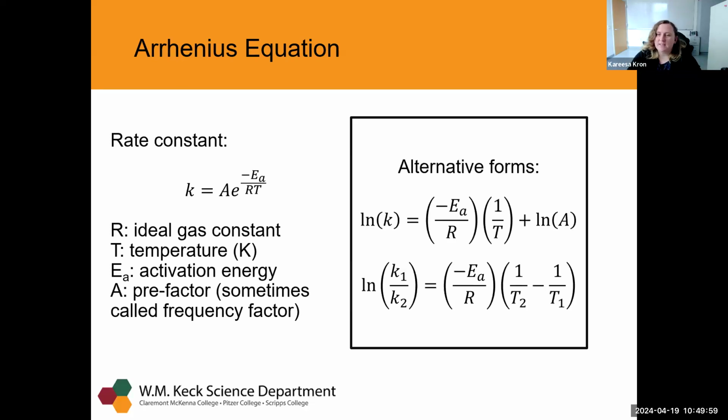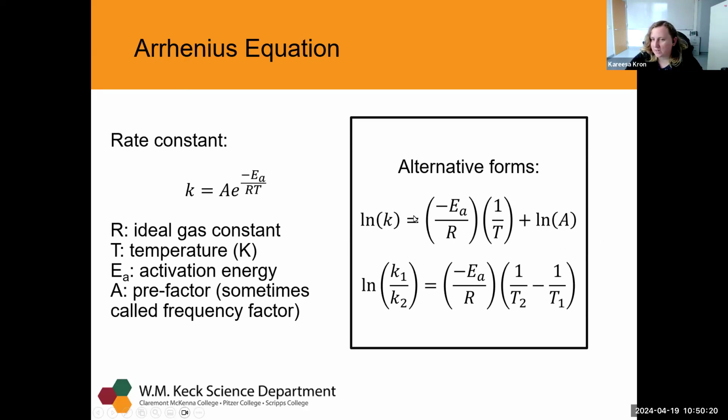And we also see this Arrhenius expression in some different forms because sometimes the data we're given makes it easier to solve this expression using a different form. So it might be the case that you're given some dependence on temperature that you can then use to calculate activation energies or the natural logs.